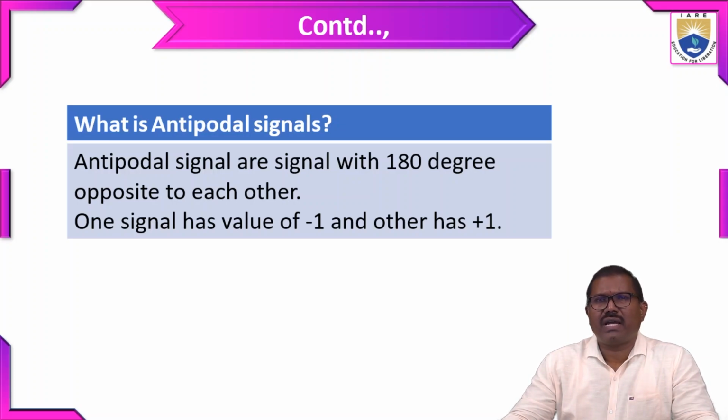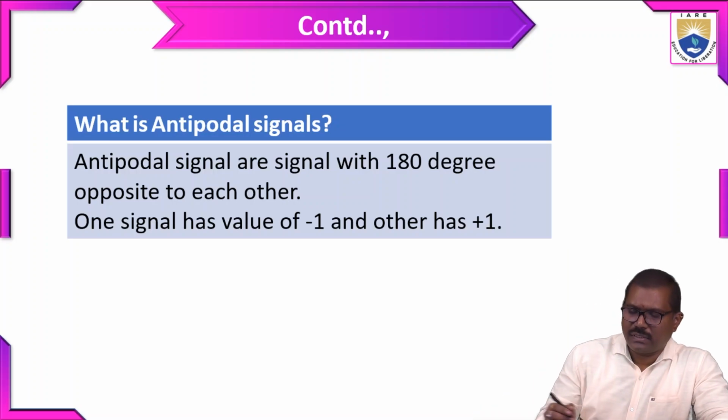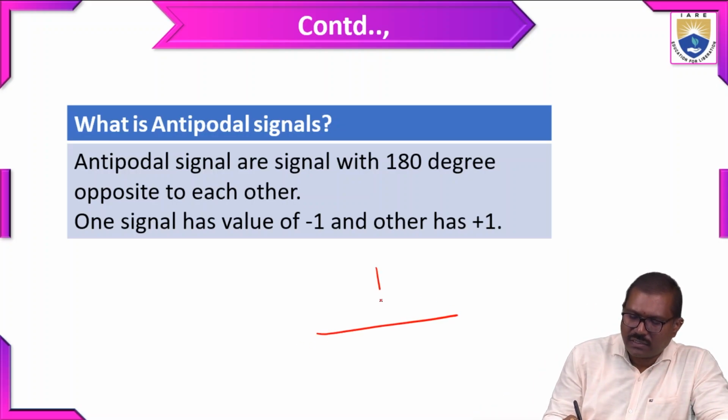One signal has a value of -1 and the other has +1. So it is an example of BPSK. This is 1 and this is -1. This is for symbol 1, this is for symbol 0.